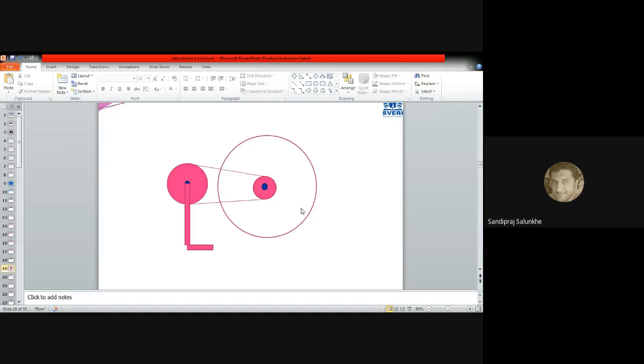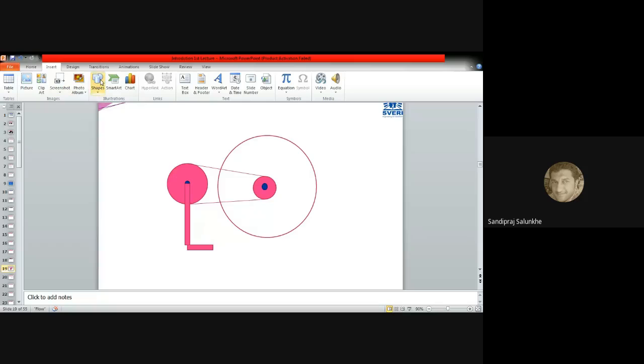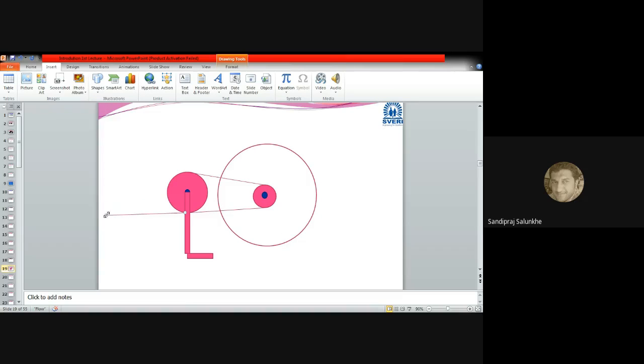If the bigger wheel is going to rotate with 1 RPM, if it rotates 1 revolution only, then the distance traveled by that bigger wheel, suppose here I am going to draw one line which will indicate the distance traveled by the bigger wheel in 1 revolution. From here, I'll draw it up to this point, it has traveled. It will be equal to pi d.